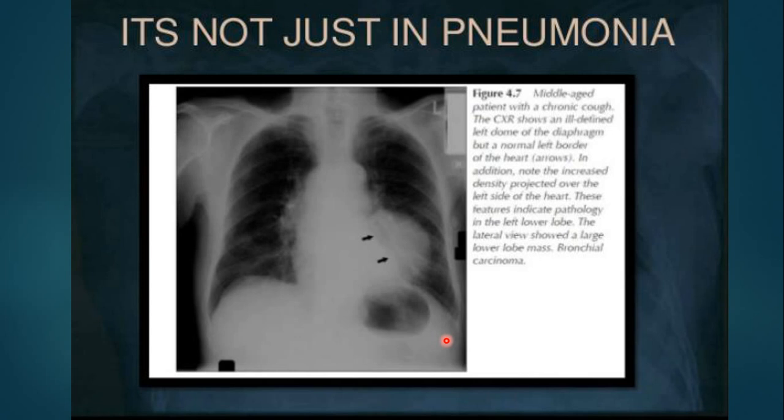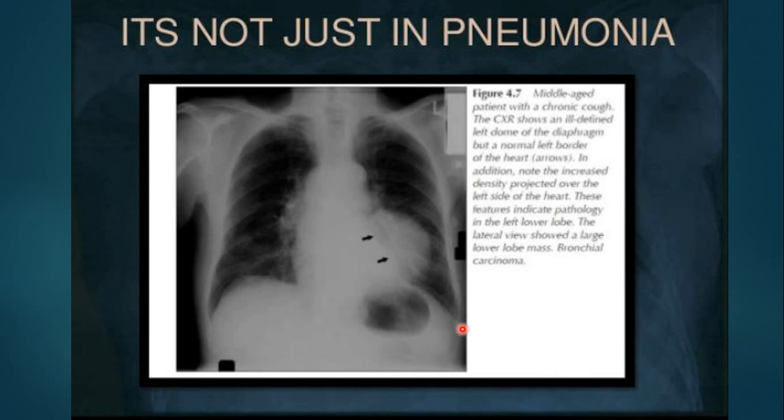So it's known, this silhouette sign is not only seen in pneumonia or consolidation. Any two objects of the same density can silhouette each other. For example, you can see this chest X-ray of a middle-aged patient. He has a chronic cough.